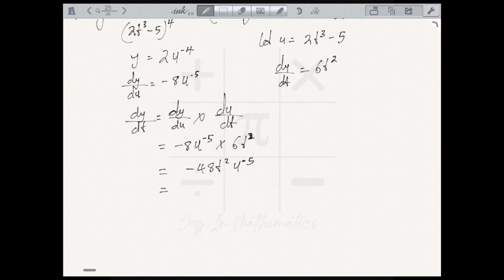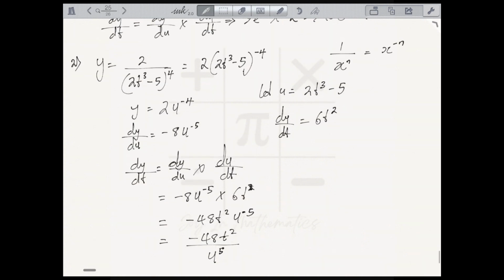Now we can rewrite this to give us minus 48t squared divided by u raised to power 5, because we have applied the law of indices. Now substituting our u back, we have that our dy/dt is equal to minus 48t squared divided by (2t cubed minus 5) raised to power 5.